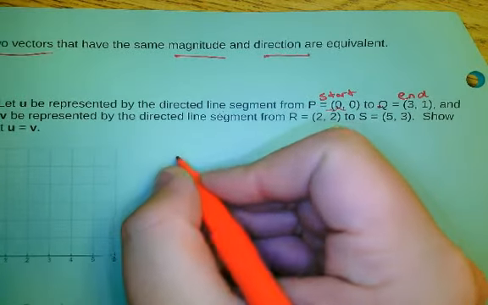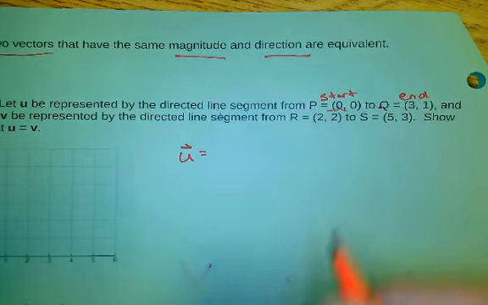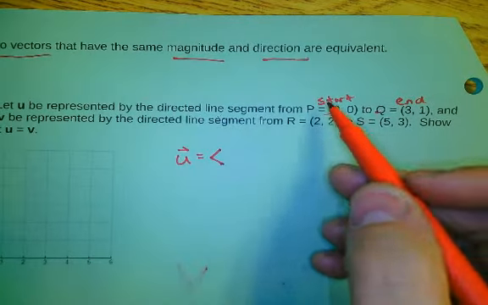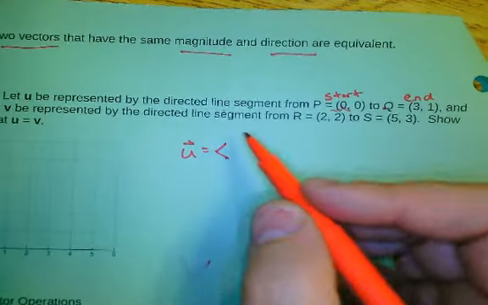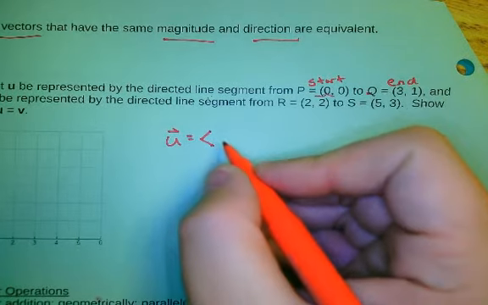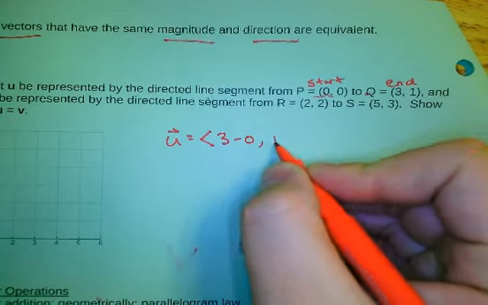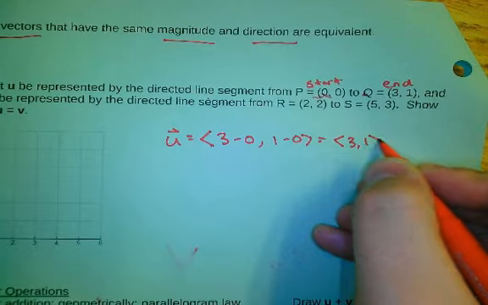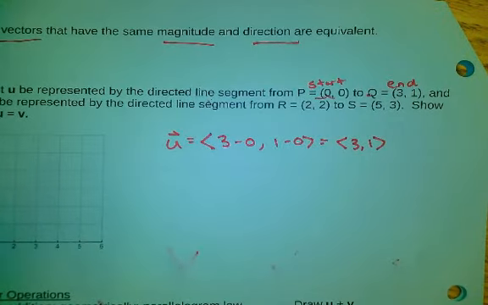So what is that vector U before I even read on to V? If it's from P to Q, which is vector U, how do I find vector U? Subtract what? 3 minus 0 and 1 minus 0, which is 3 and 1. Okay. We good?